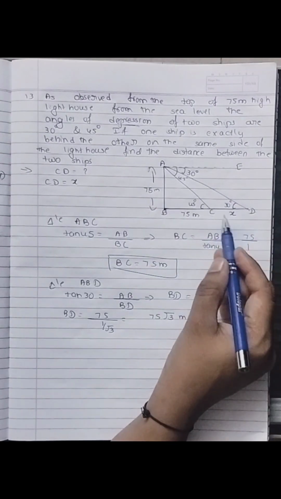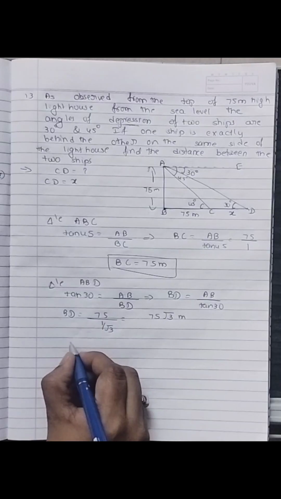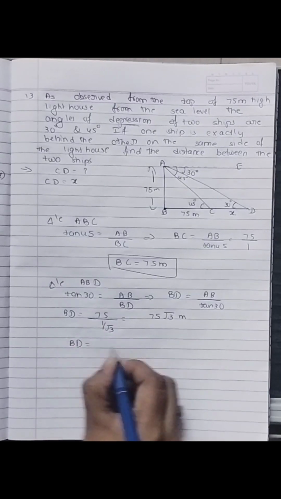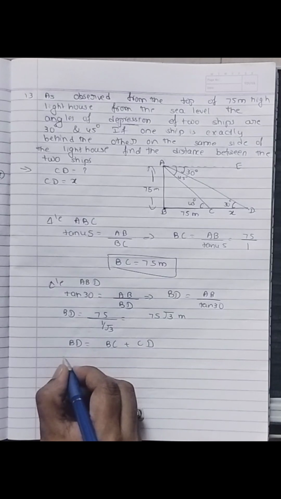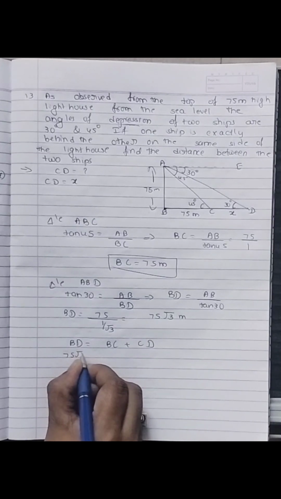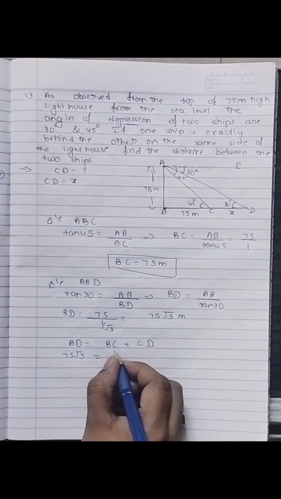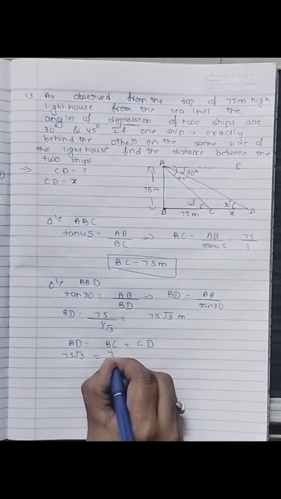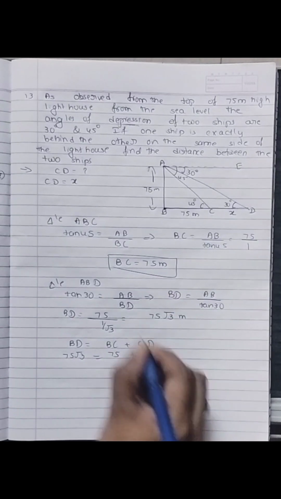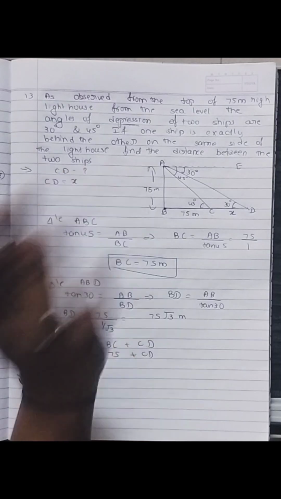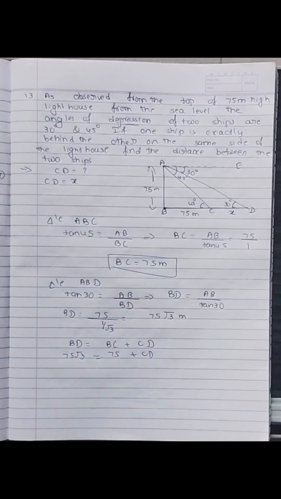But we need to find out the CD, right? So BD is the summation of BC plus CD. What is the BD we got? We got it as 75 root 3. And what is the BC we got? BC we got as 75. And CD we need to find out, which we assumed as x in the initial stage. If you are not assuming, taking CD directly is also okay.